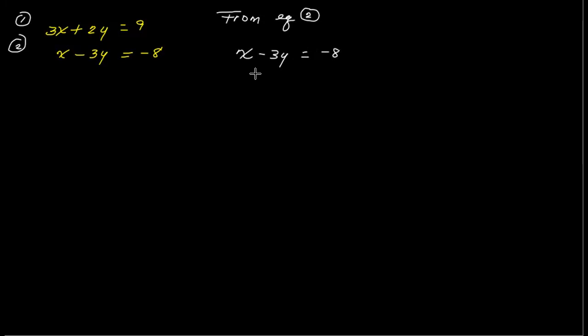Now, from this, I can see that minus 3y is equal to minus 8 minus x. See that? So x now got transposed. So it becomes negative. And I'm going to divide both sides by minus 3.